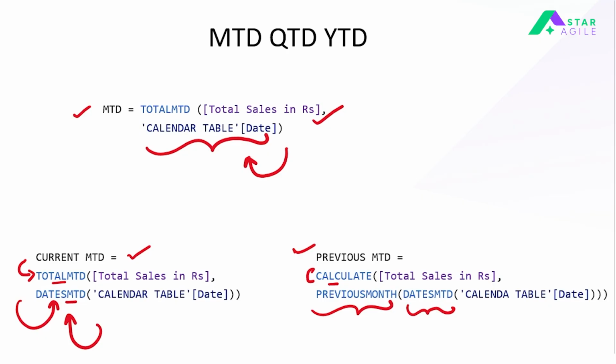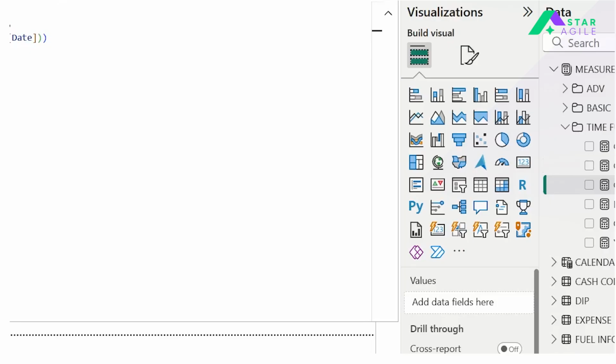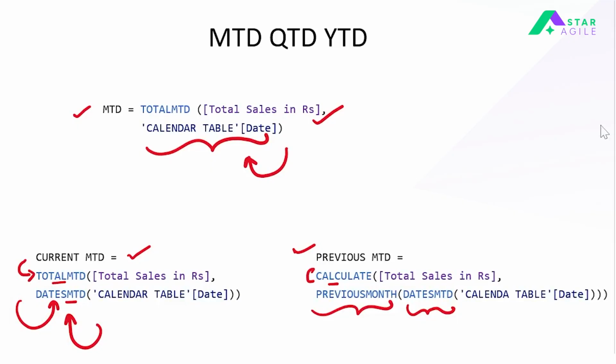You can have the measures saved in a PPT or a Word document so that you will know what kind of measures you have used. That is why segregating it in the format of folders also becomes very helpful, guys.